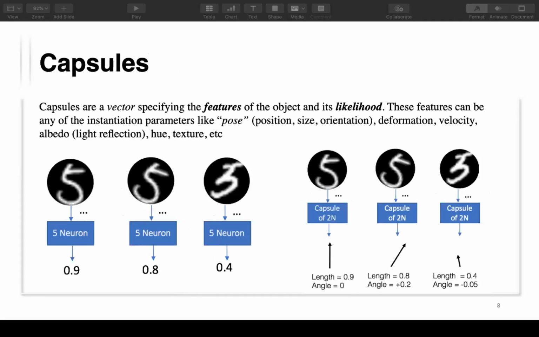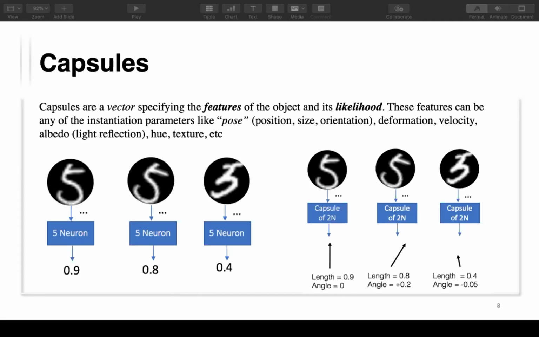This is a normal neural network, and suppose the feature 5 is already extracted, and the neuron has output the probabilities 0.9, 0.8, and 0.4 for different input images. Then we look at the picture on the right.